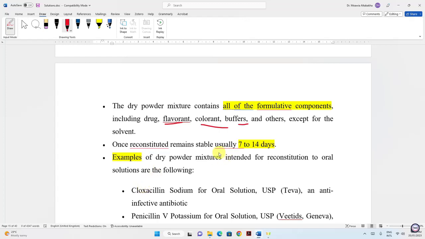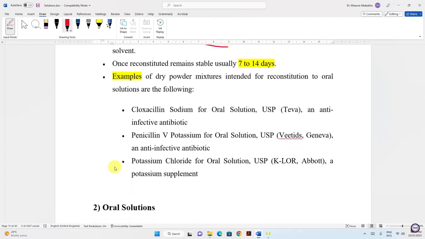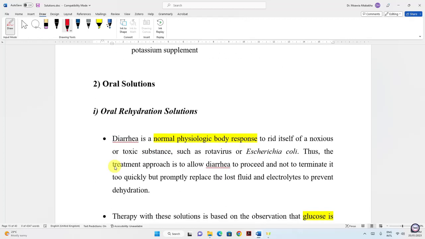It's preferable that the pharmacist prepare this, but actually most of the time you will do this at home. Make sure you use good water for that purpose. Examples, as I said, are penicillins and cephalosporins derivatives; they are good examples for that.